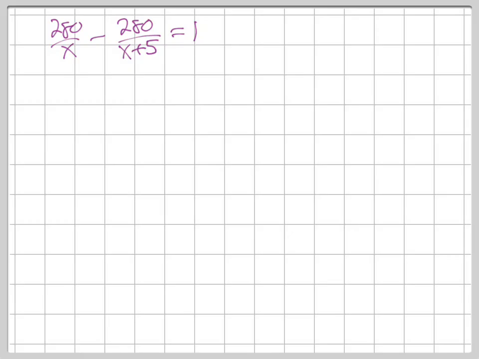Okay, let's solve the equation now. How do you solve it? You've got fractions, denominators, so what do you do? You multiply through by the common denominator and cross cancel. So x cancels x, x plus 5.